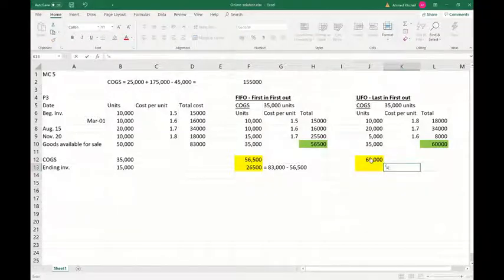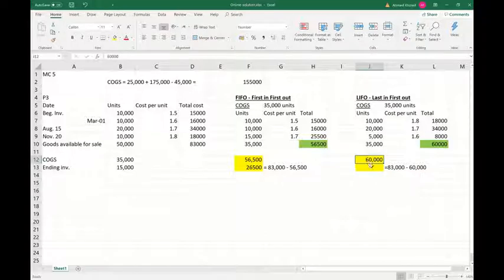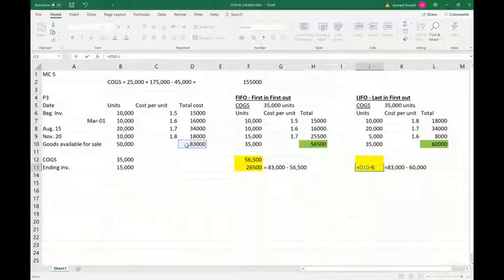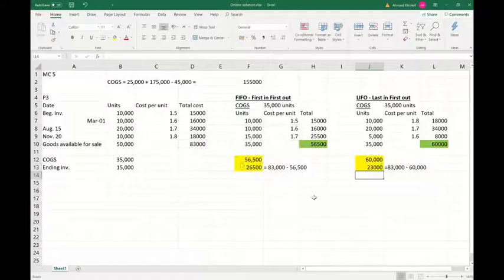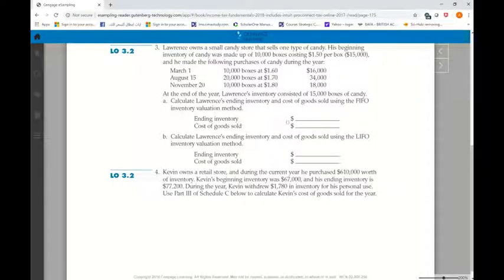Then the difference between the cost of goods available, which is 83,000, minus 60,000, the cost of goods sold, gives us the cost of ending inventory, which is 23,000. This is the solution of problem 3, which requires ending inventory and cost of goods sold for FIFO, and ending inventory and cost of goods sold for LIFO.